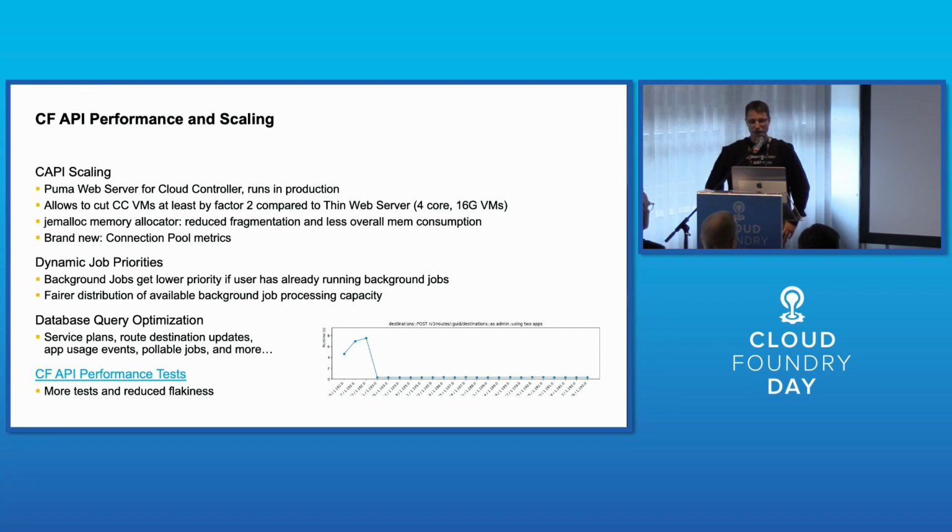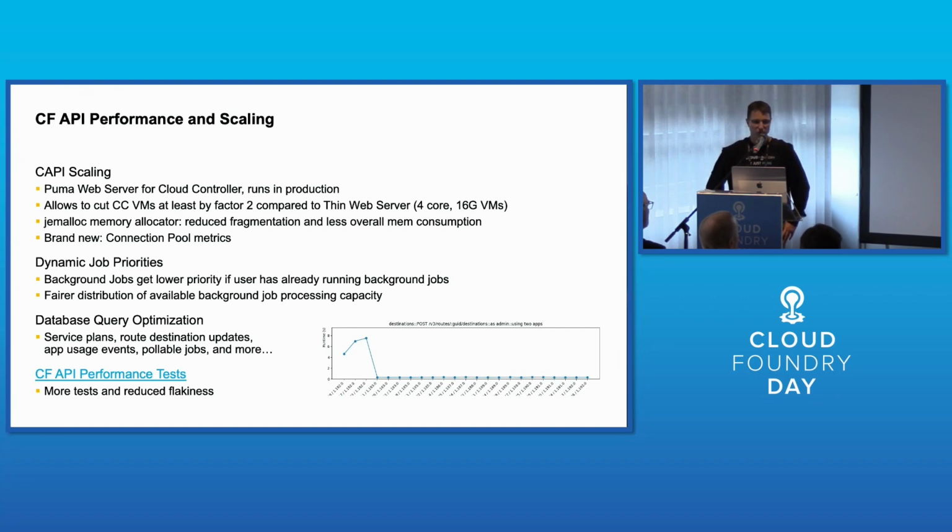Puma allows you to cut down the number of cloud controller VMs at least by a factor of 2 compared to Thin, because you can run multiple processes on one VM, and CPU and also memory is not that much of a concern on typical VM sizes that you use.